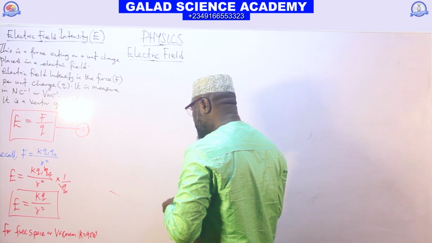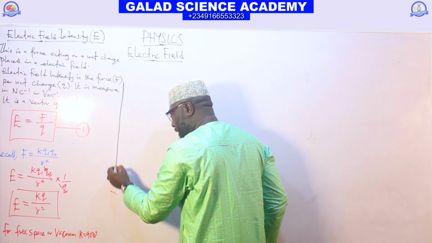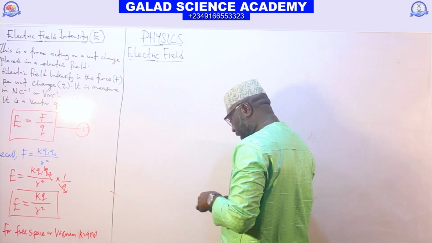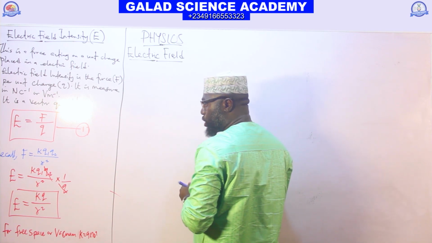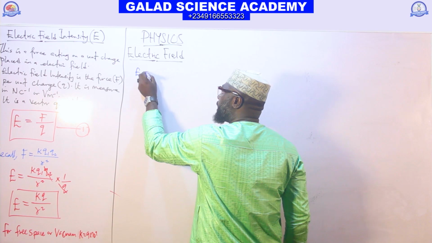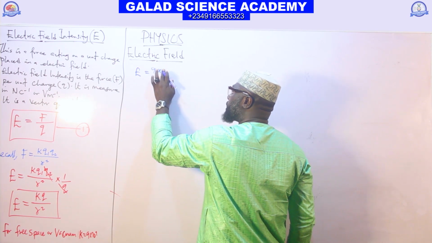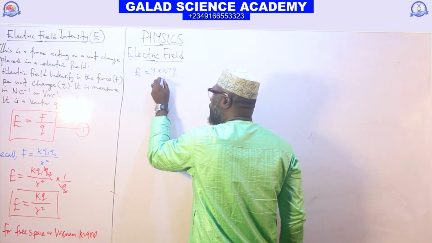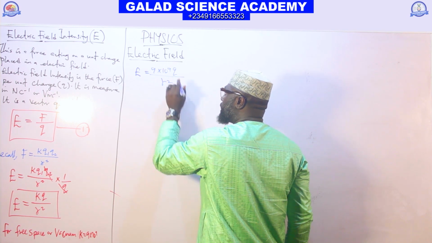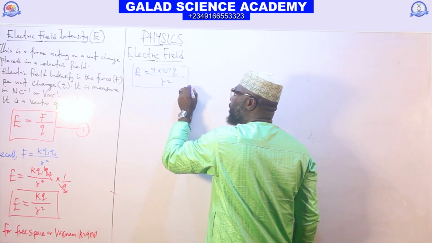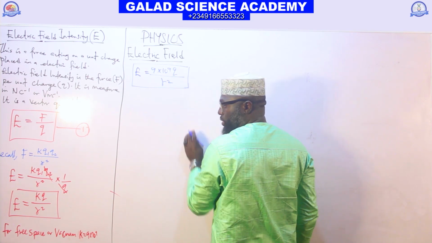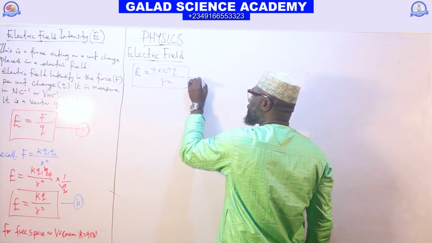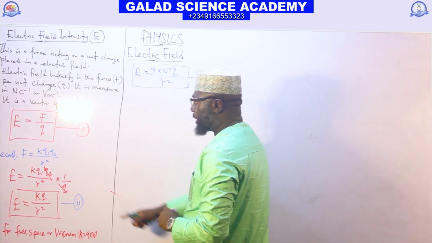So we have electric field intensity E equal to 9 times 10 raised to power 9, Q over R square. This is for vacuum. You can call this one Equation 2 and this one Equation 3, for vacuum.